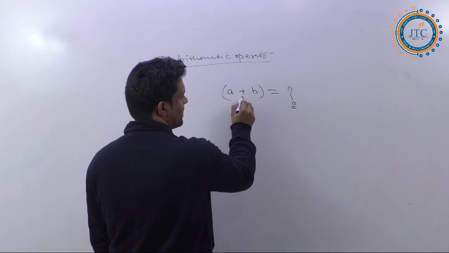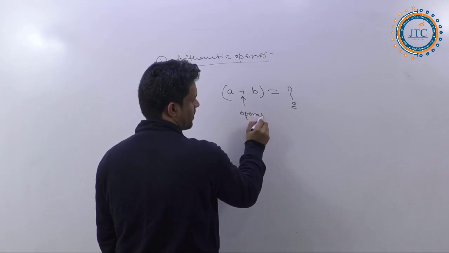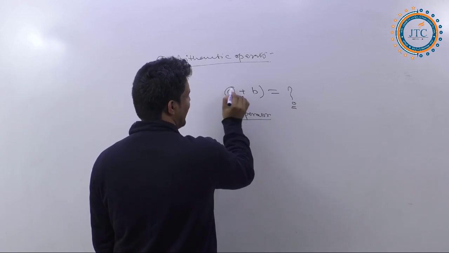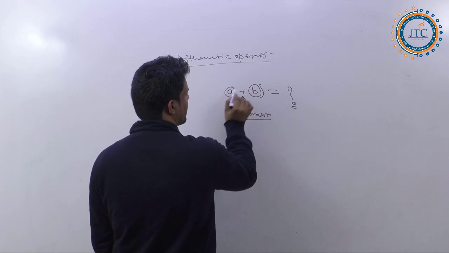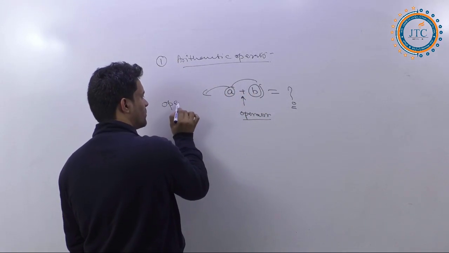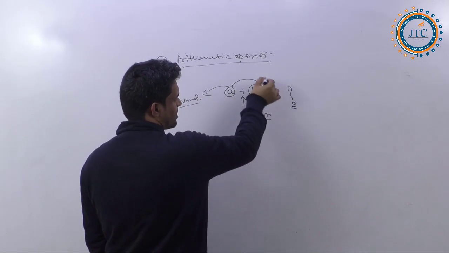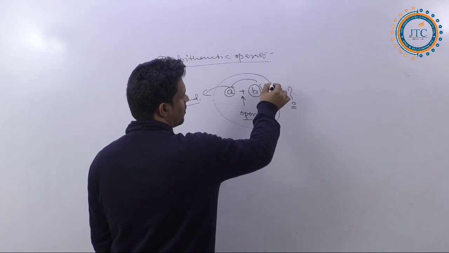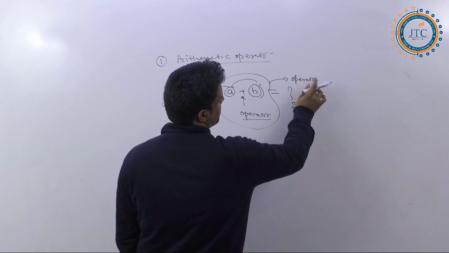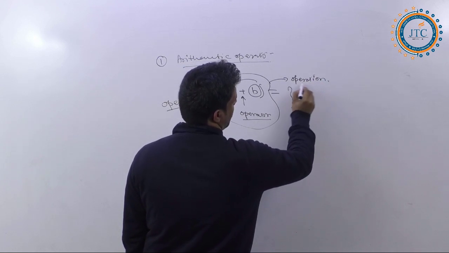The plus that we are using here, we call it an operator. This A as well as this B that we are writing is the operand we have used, and this as a whole we call an operation.